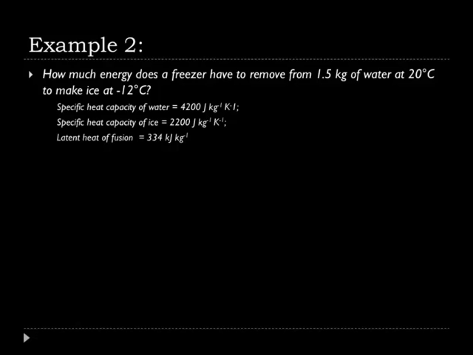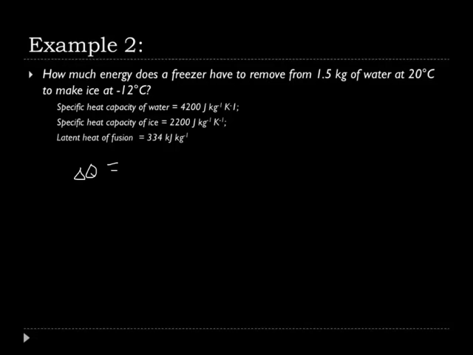How much energy does a freezer have to remove from 1.5 kilograms of water at 20 degrees to make it ice at negative 12 degrees? Okay, so we want to figure out what the change in heat is, what the heat loss is, and there's going to be 3 steps to this process.